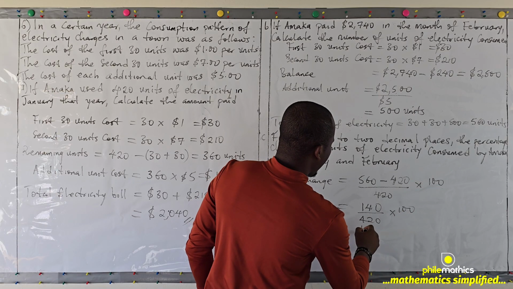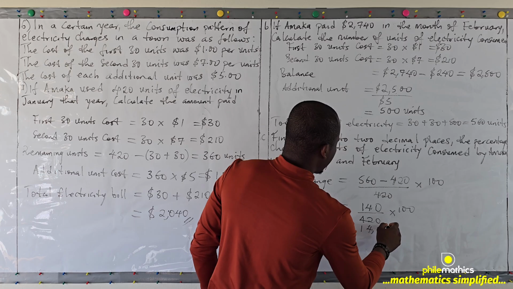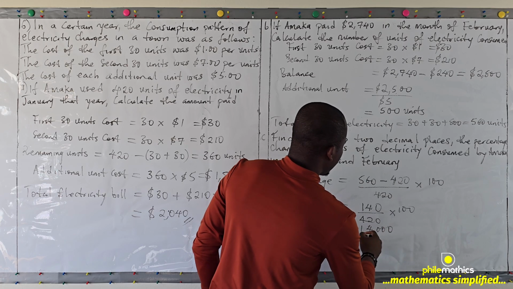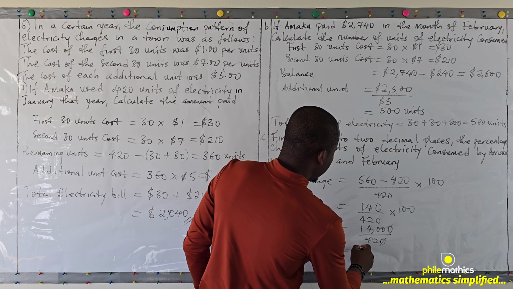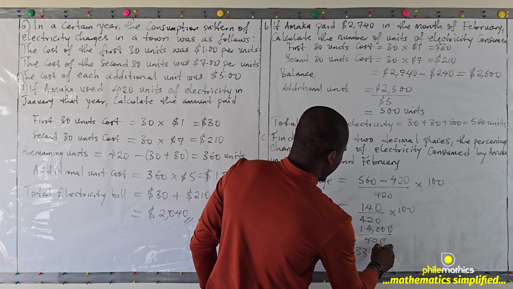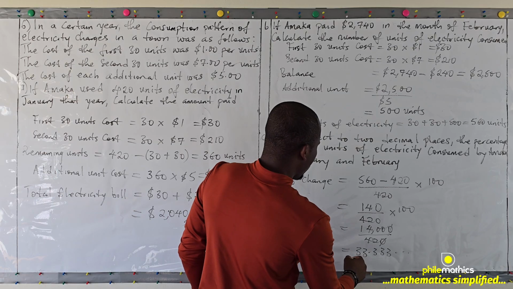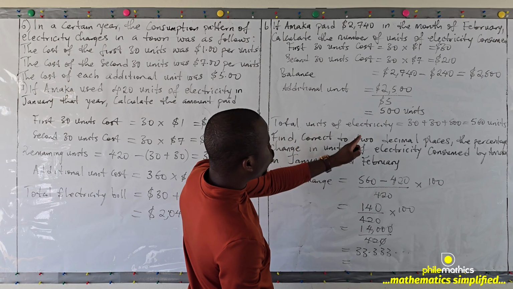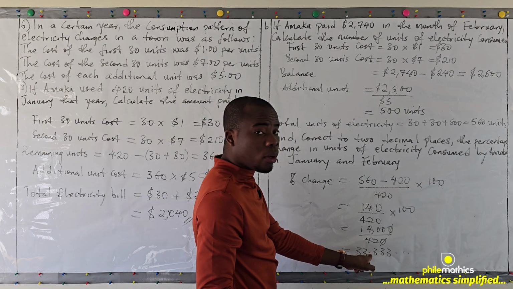And this is 14,000 over 420. If we divide, this is 33.333 and so on. And so two decimal places simply means the first two digits after your decimal point.